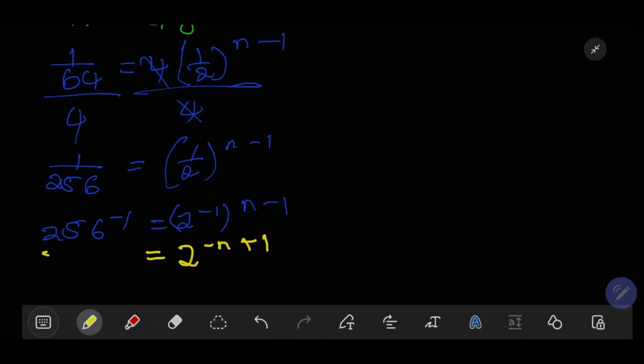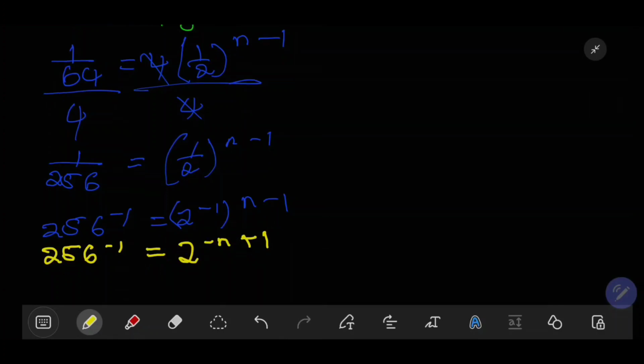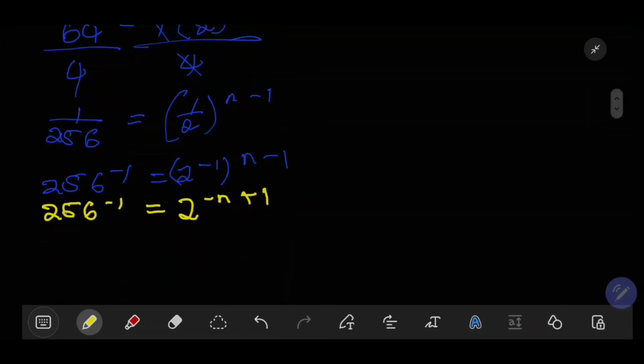Then remember, on this side we have 256 to the power minus 1. We can change this 256 to a base of 2. You can press your calculator and say 256, you can leave the negative 1 for now, and then you say shift fact, and then it will give you 2 raised to exponent 8.